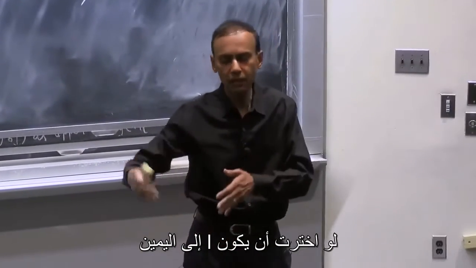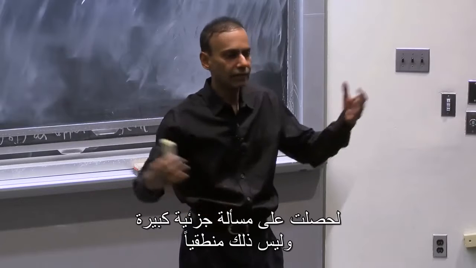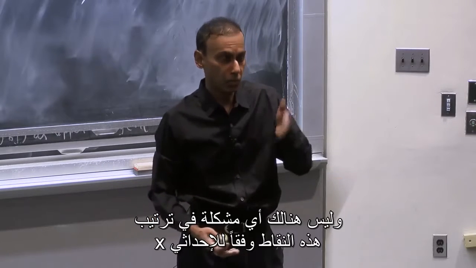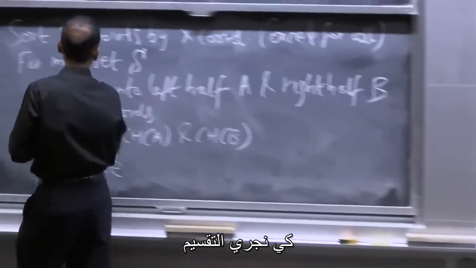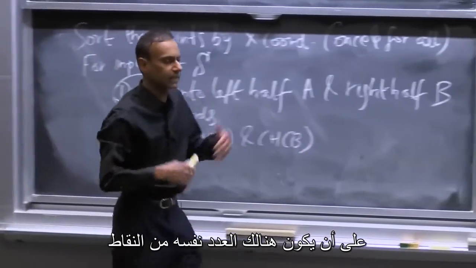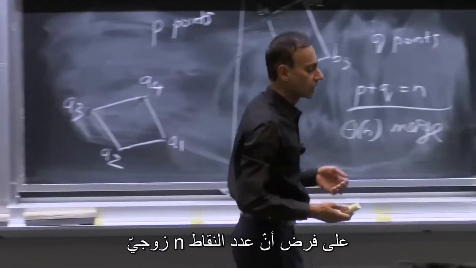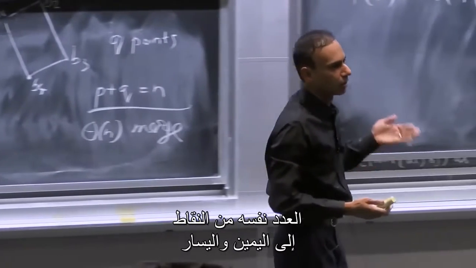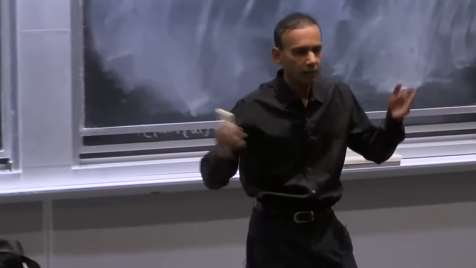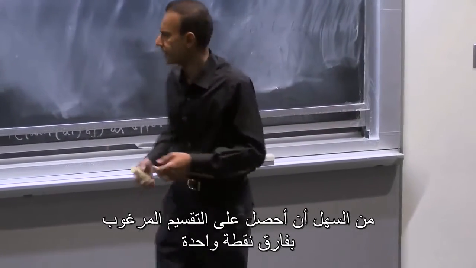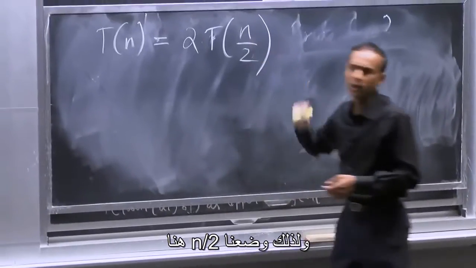Now if I choose L to be all the way on the right-hand side, then I have this large subproblem, which makes no sense whatsoever. So there's nothing stopping me, when I've sorted these points by the x-coordinates, from doing the division such that there's exactly the same number of points, assuming an even number n, on the left-hand side and the right-hand side. I can get that right, certainly within 1, very easily. So that's where the n over 2 comes from.